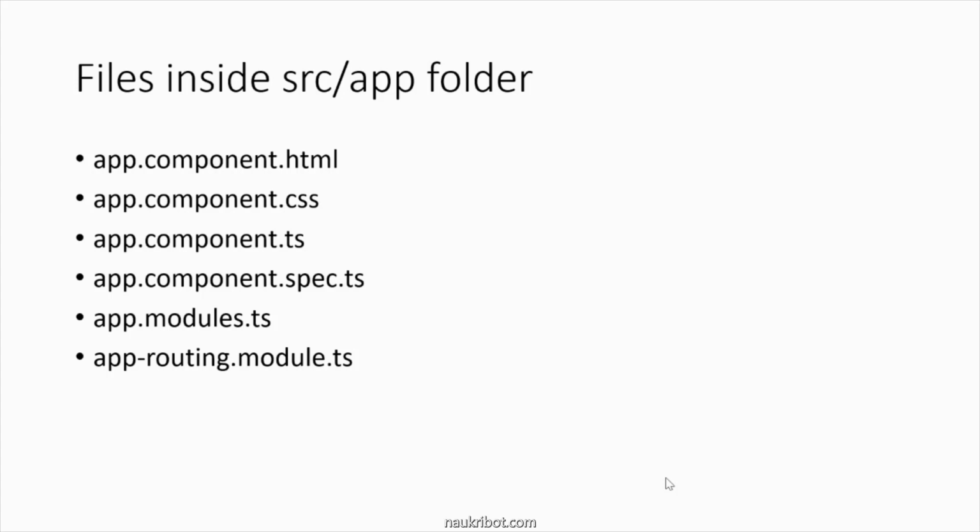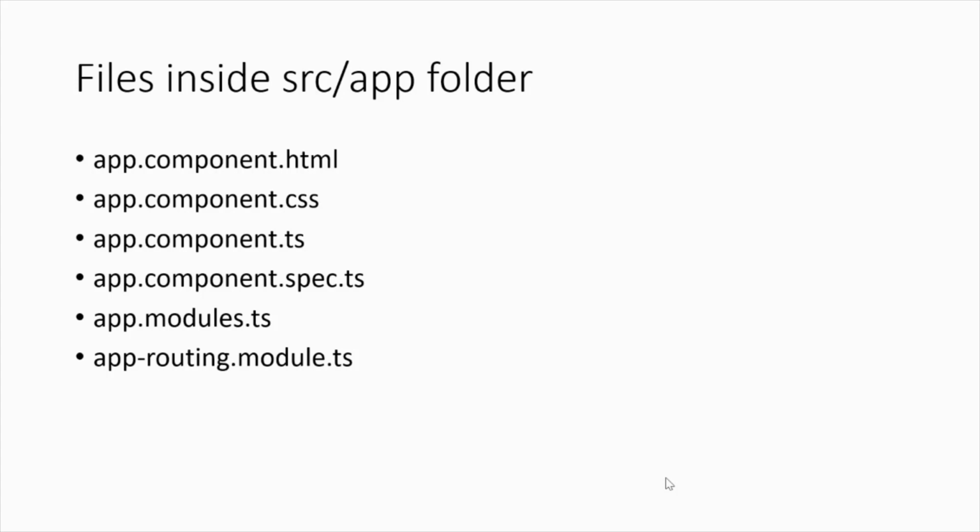Now we will start with the app folder. This app folder is present inside the src folder. This app folder will have all the components, modules, and routings. We can create all services, directives, everything inside this app folder. We can see that this app folder contains 6 files.